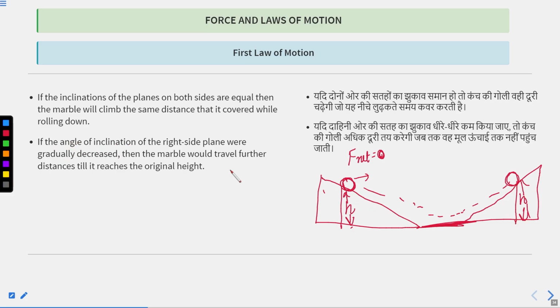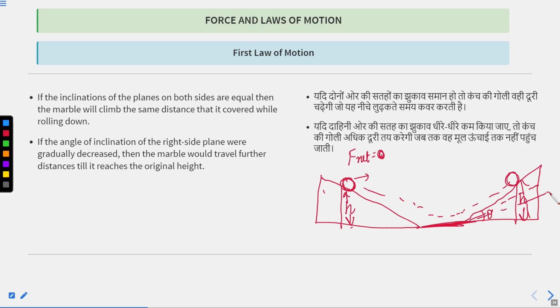Now the angle of inclination of the right side plane is gradually decreased. If we start decreasing this angle of inclination, it means we are making this slope less steep.